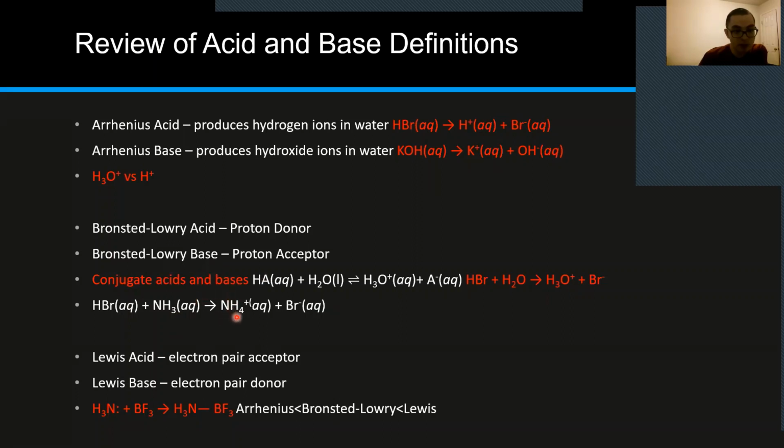But if we look back at the definition for Arrhenius base, we're not producing hydroxide ions in water. So even though ammonia is acting as a Bronsted-Lowry base, it's not an Arrhenius base. But for any Arrhenius base, like for example, potassium hydroxide, it would also be a Bronsted-Lowry base.